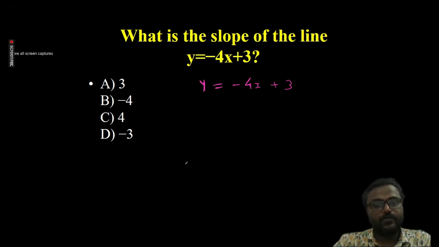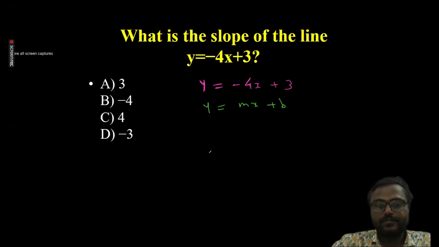Jacob says it is negative 4. y is equal to mx plus b. Frederick, waiting for you, buddy.